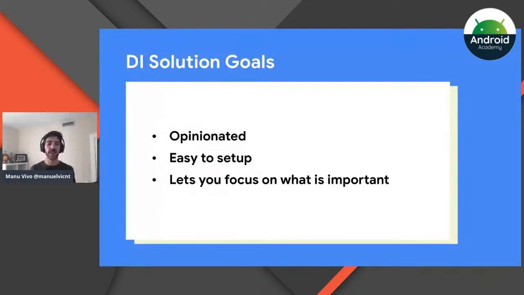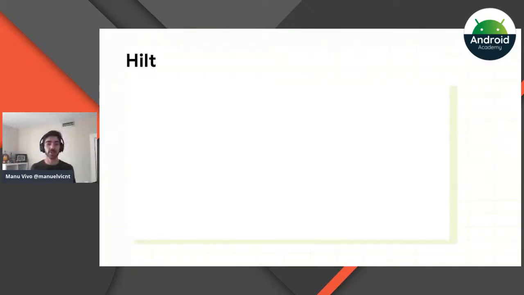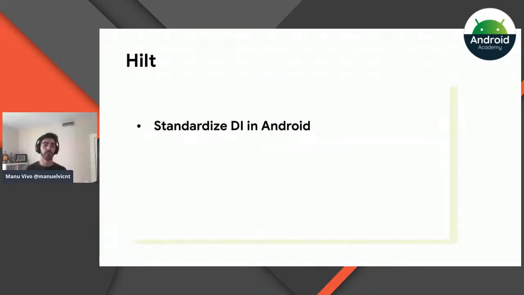And that's how Hilt got created. So Hilt, we announced the library in June this year, and it's the recommended solution to do dependency injection in Android. And basically, it's going to standardize how to do dependency injection in Android. And this library is actually built on top of Dagger.